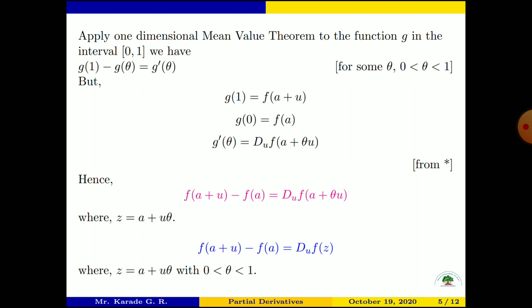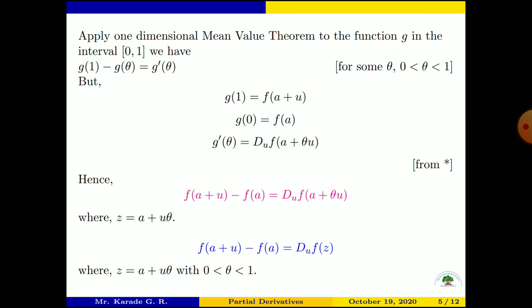So we know the one dimensional mean value theorem: g of 1 minus g of 0 is equal to g dash of theta, where theta lies between 0 and 1.